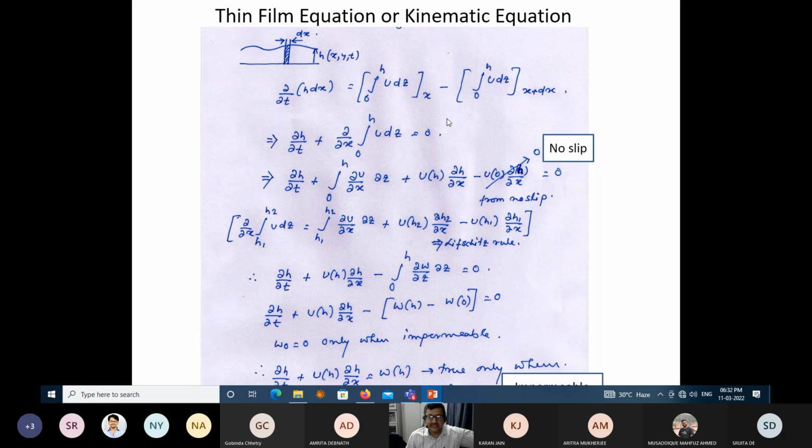Now, if that is the case, what is the change in the mass? So h is the height, dx is the width, and then you have the perpendicular direction, that is 1. So that is the total volume that you have, times del t, and then if you multiply by rho, that means it is mass, right? Mass flow.